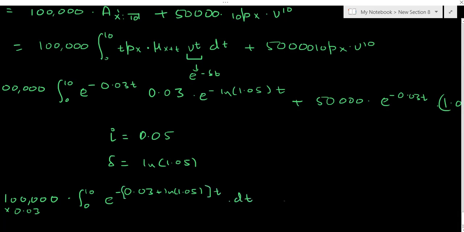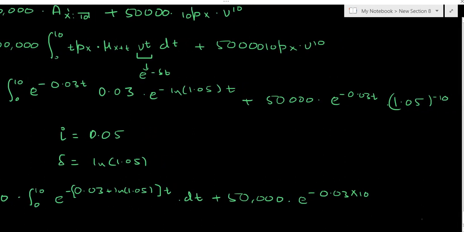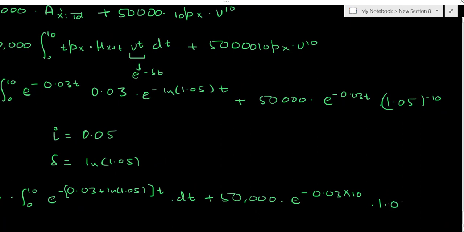And this one is 50,000 into e to the power of minus 0.03 into 10, and this is 1.05 to the power of minus 10. Okay, cool.